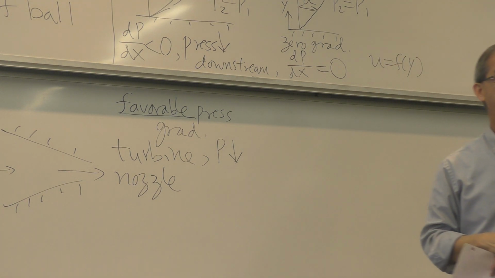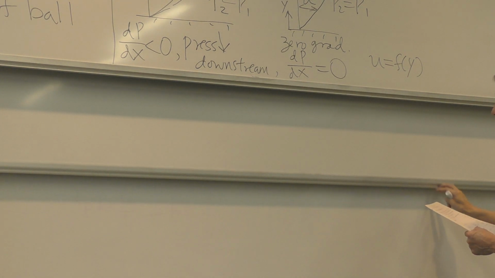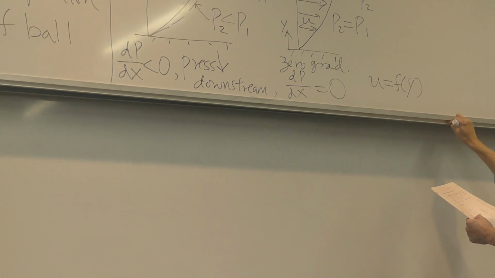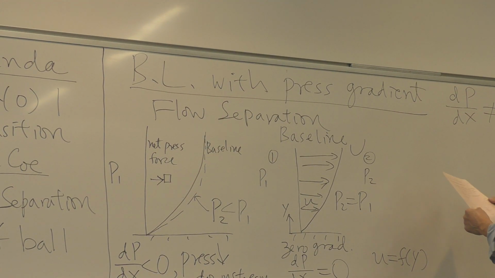And it turns out it implies that it's less likely that the flow will separate. And I'll give you the counterexample now as to what will cause the flow to separate. And then you can compare them. So I'm done with the favorable case. Now let me tell you the bad case.